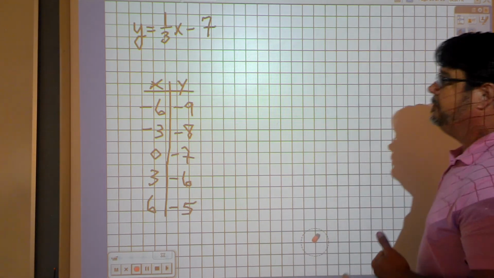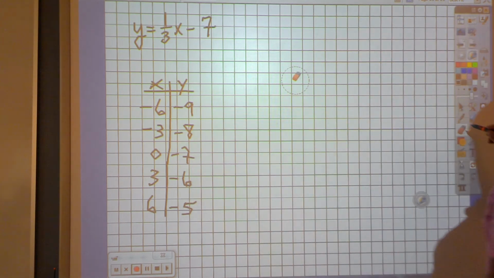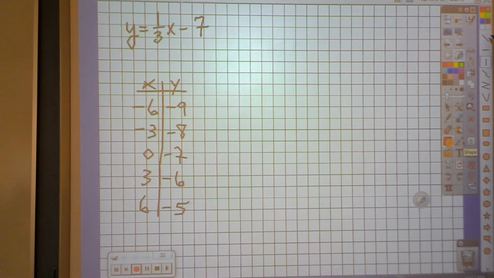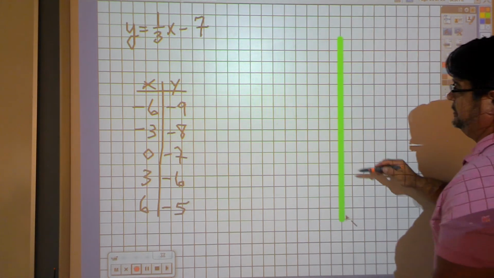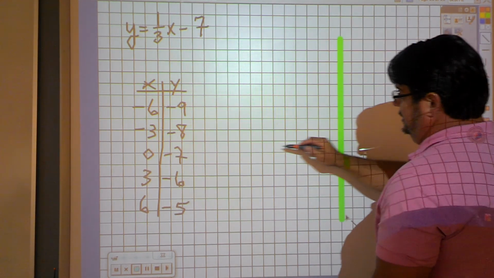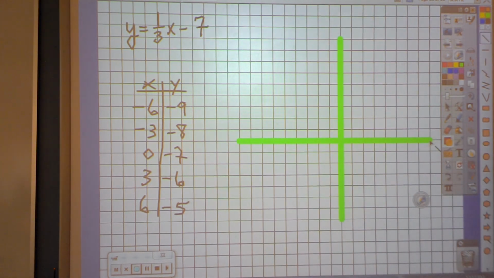Well, we're going to look at that. All right? I'm gonna draw my handy dandy graph. We just gonna do this because I don't feel like changing it, so y'all just have to deal with the green.